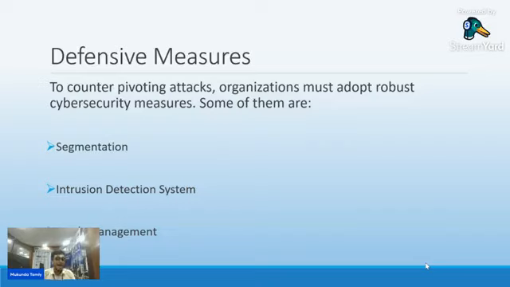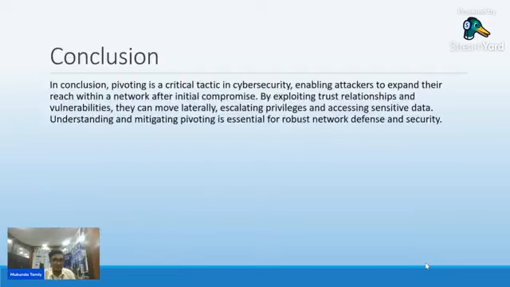Then we have the IDS, or intrusion detection system, to keep an eye on what is going on in a network. Then we have patch management, which means keeping the software and systems up to date, so there is no way that an attacker can exploit already existing vulnerabilities. This is all.